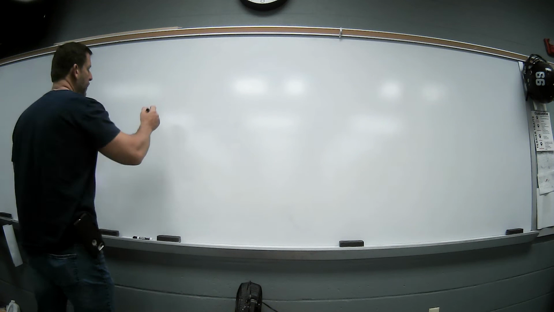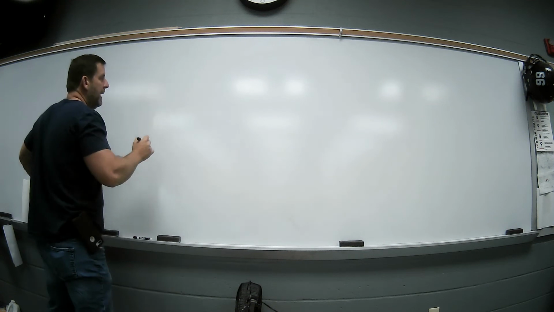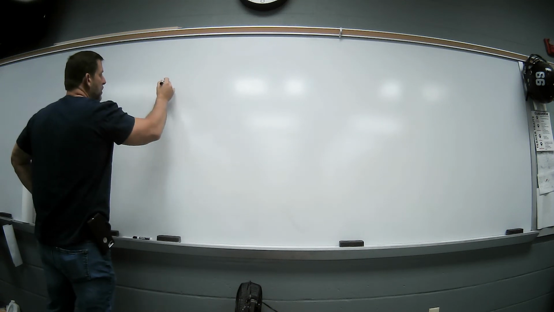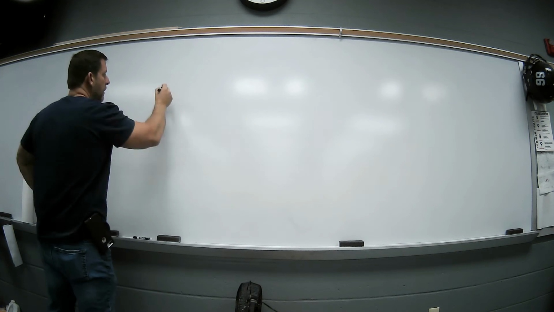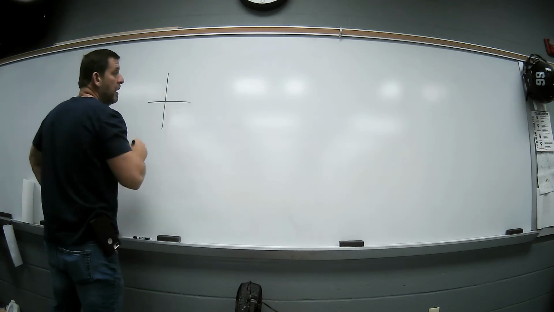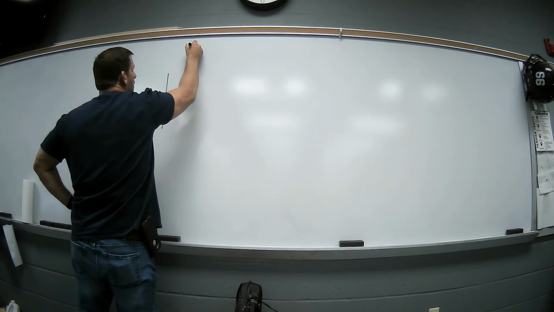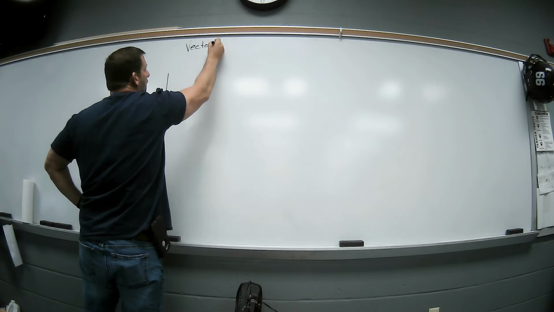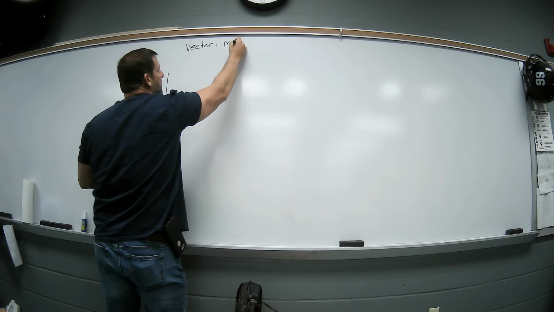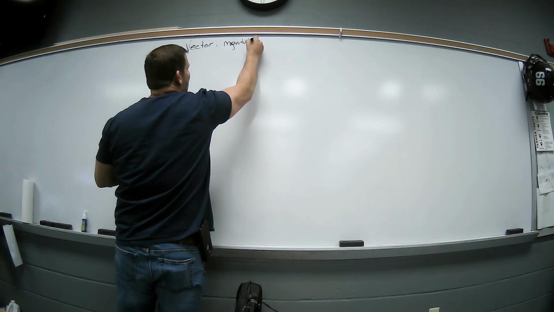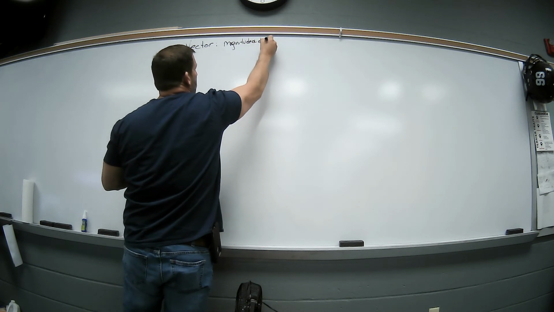So let me give you an example. Let's suppose I am flying a jet. And by the way, vectors, let me just put it up here. Vector quantities require both magnitude and direction.